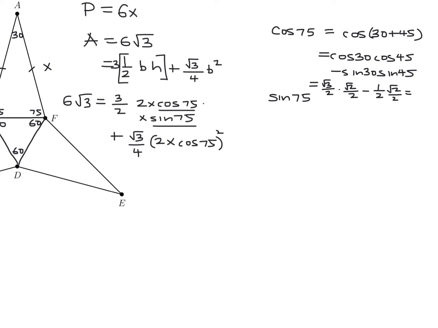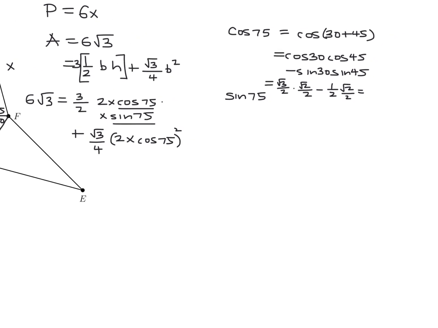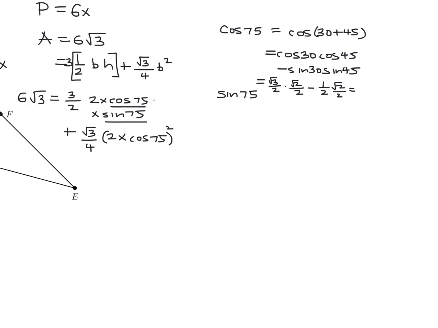And when you crunch out all these numbers, you get root 6 minus root 2 over 4. And similarly, sine of 75, same thing. I'll let you do it. You use a trig identity, and you will get root 6 plus root 2 over 4. Got it? And then you just plug it back into here.